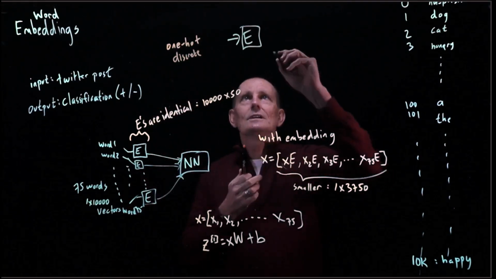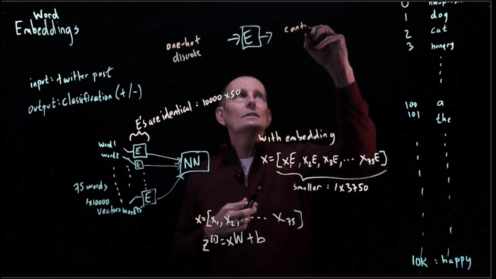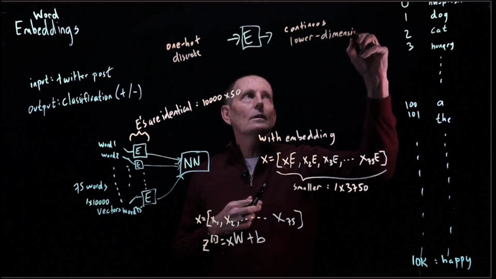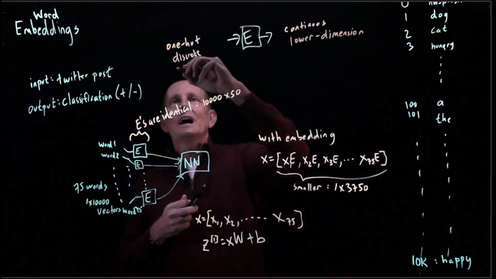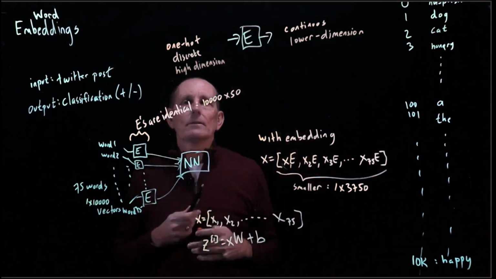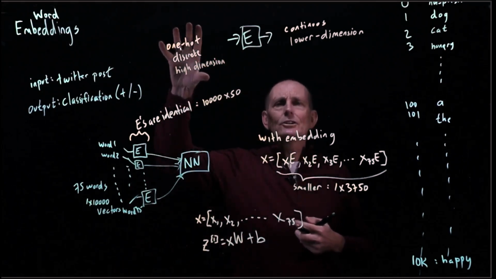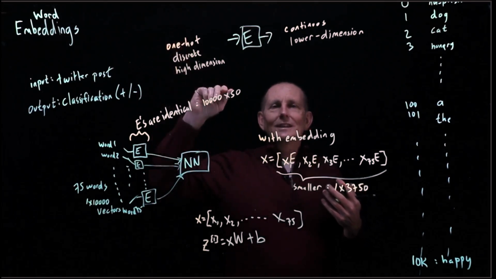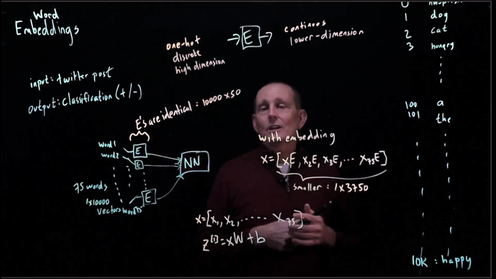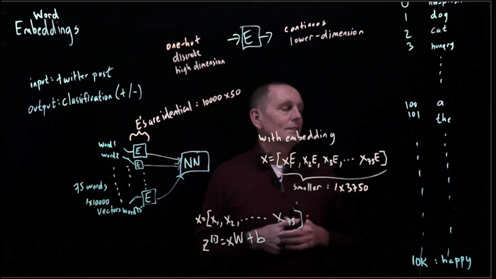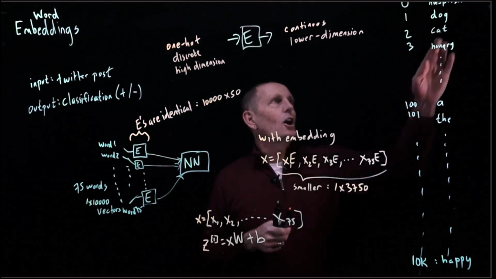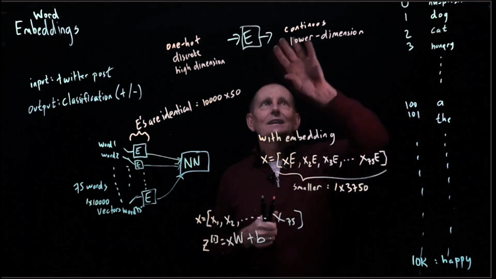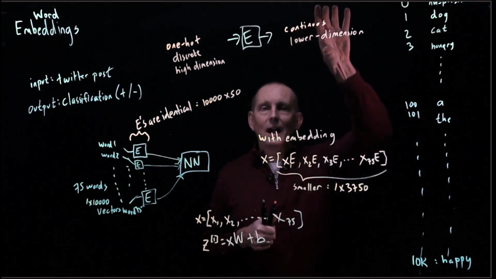And what comes out is continuous, lower dimension. And this is one-hot, discrete, high dimension. Here, for instance, we don't have any measure of distance. We can't say one of these vectors is closer than another vector. I don't have any idea, for instance, that dog and cat have some relation to one another. Yet in this continuous lower dimension space, I might very well.